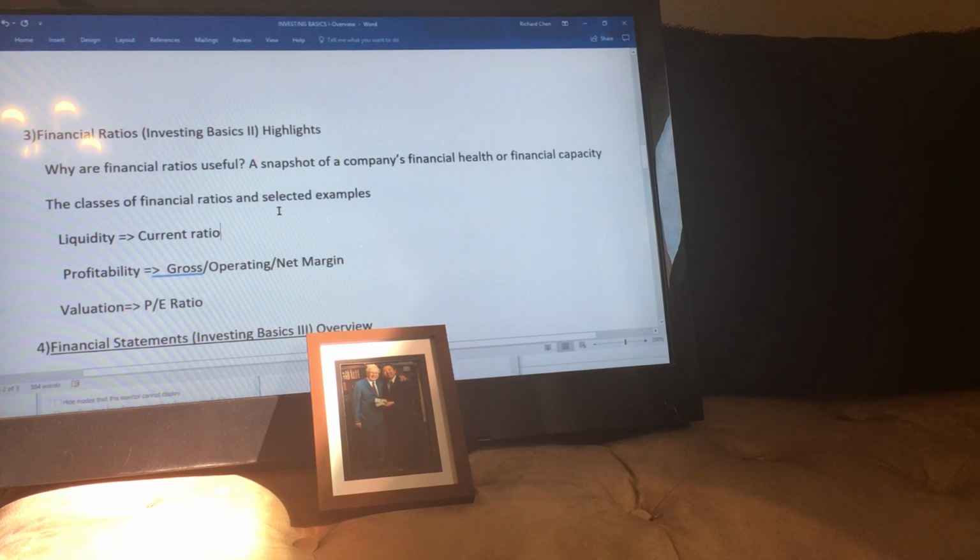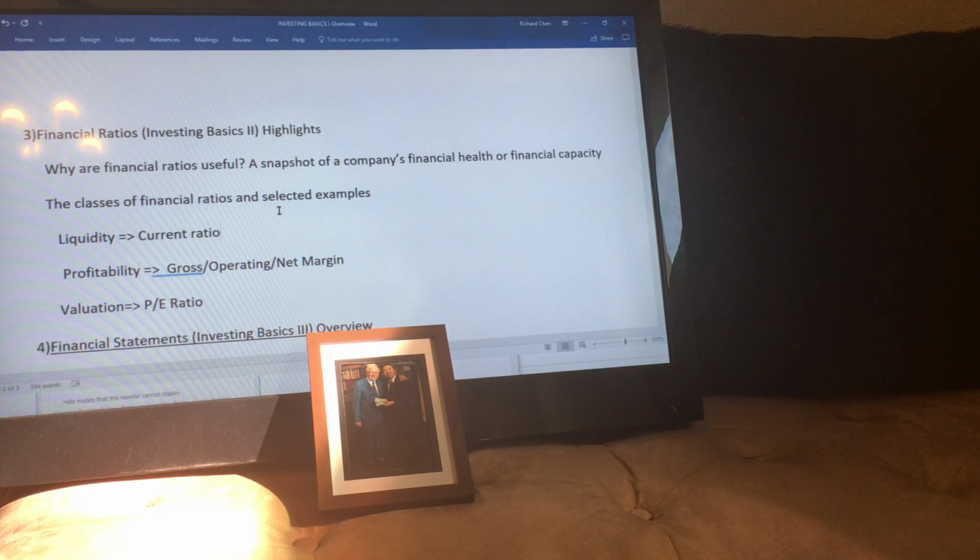Let's talk about it. There are at least 3 different kinds of financial ratios. The first class is liquidity. It gives you an idea of how much financial resources a company has to be able to meet its short-term and long-term obligations.